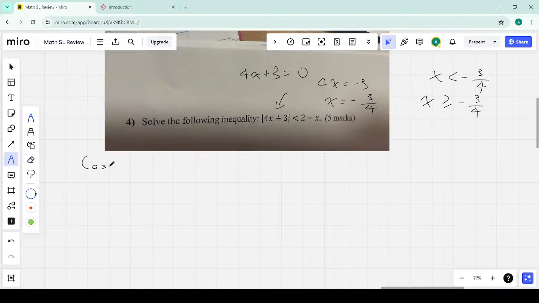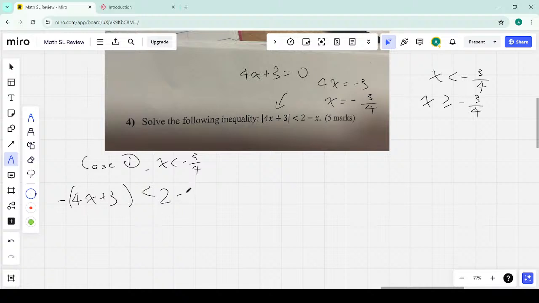So we'll do case 1, x smaller than negative 3 over 4. Now, when x is smaller than negative 3 over 4, the absolute value inside would be negative, and therefore what comes out of the absolute value would be negative 4x minus 3.